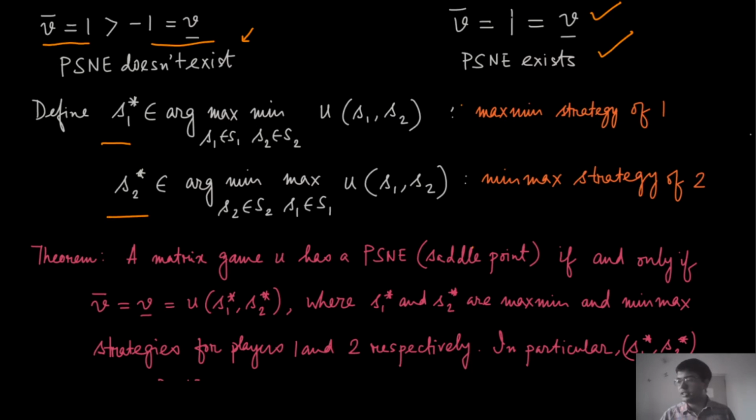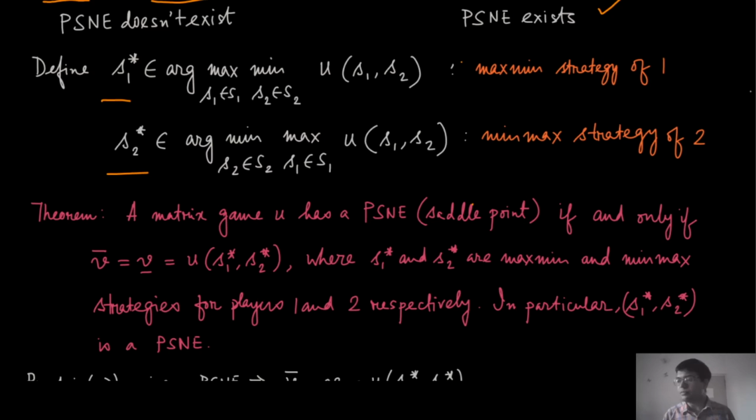Now the theorem tells that a matrix game U has a PSNE, which is equivalent to a saddle point that we have proved in the previous lesson, if and only if these two values, the min-max and the max-min values, are equal and equal to the utility of S1 star, S2 star, where S1 star and S2 star are the max-min and the min-max strategies for players 1 and 2 respectively. This theorem states that S1 star and S2 star is a PSNE.